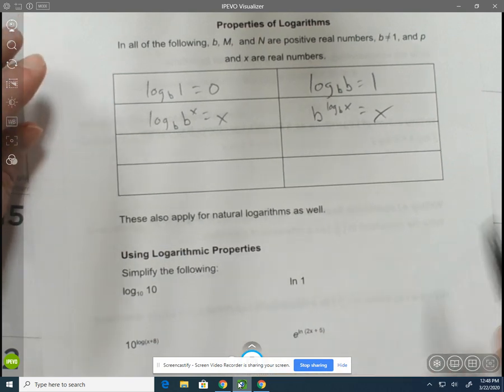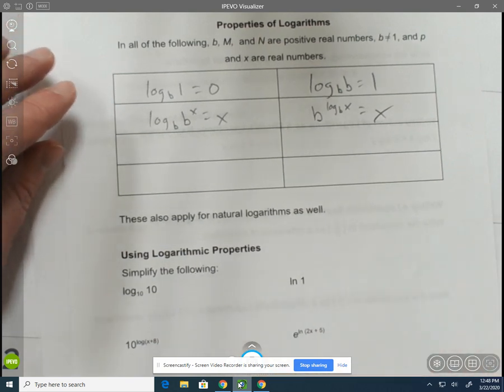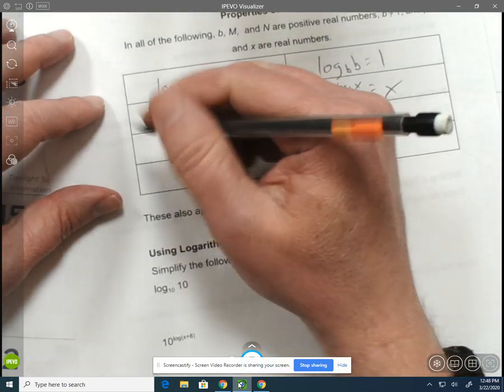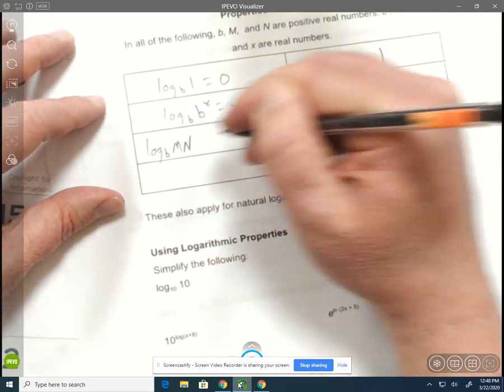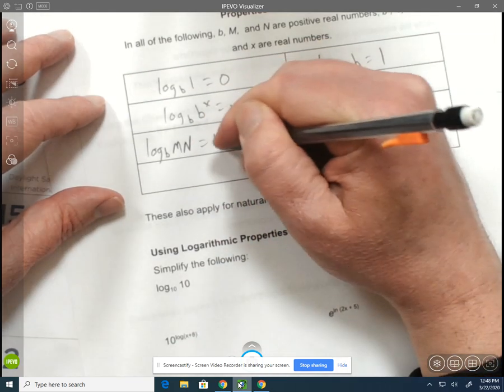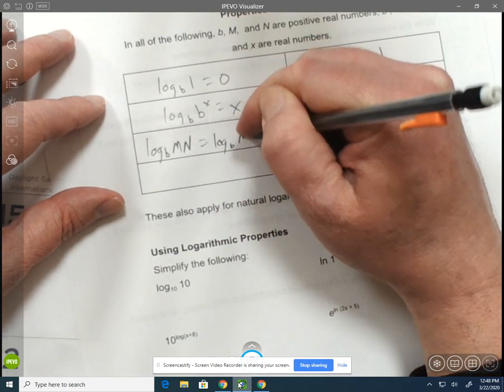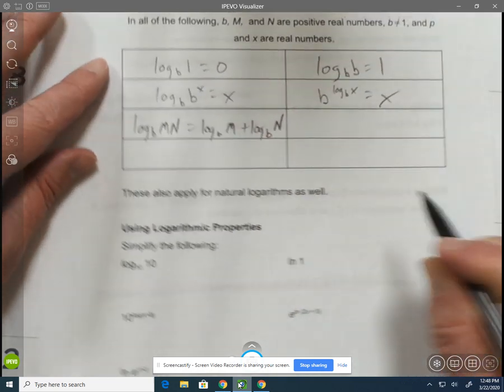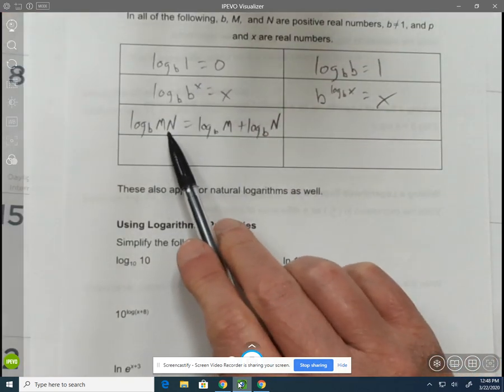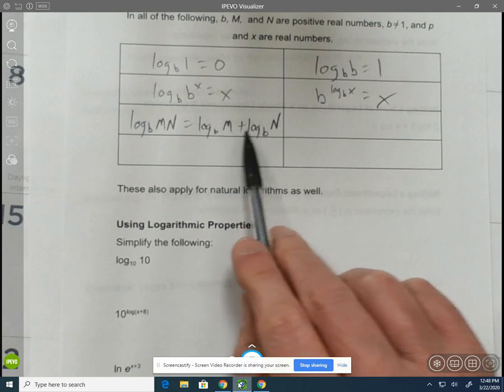Now, these next ones are tied in really closely with your properties of exponents. Log base b of m times n is the log base b of m plus the log base b of n. This basically says, if I multiply two things with like bases, I can add their exponents.